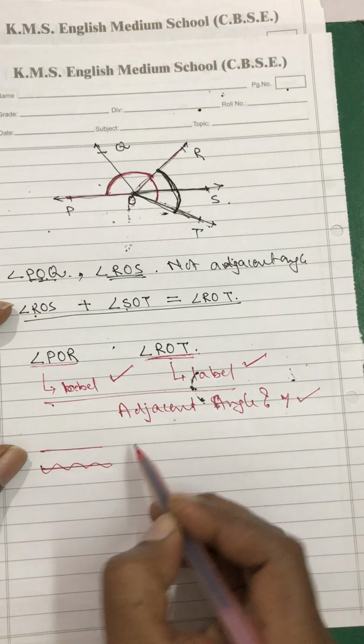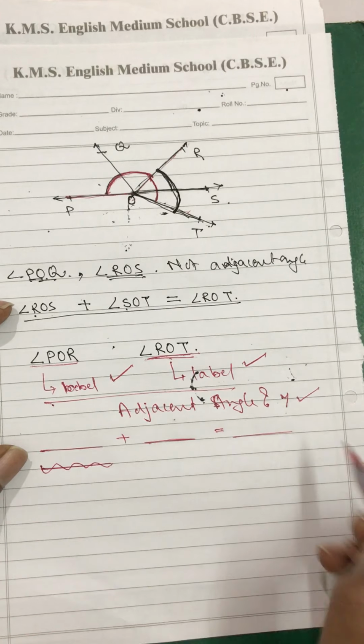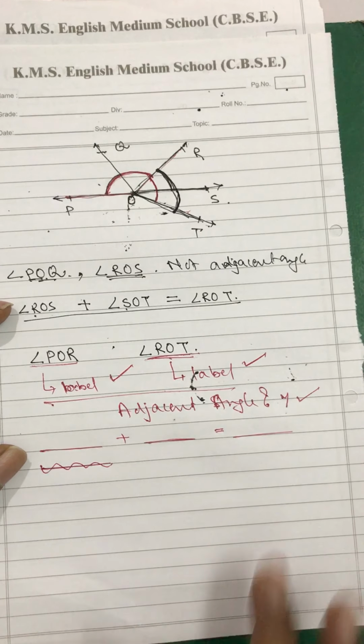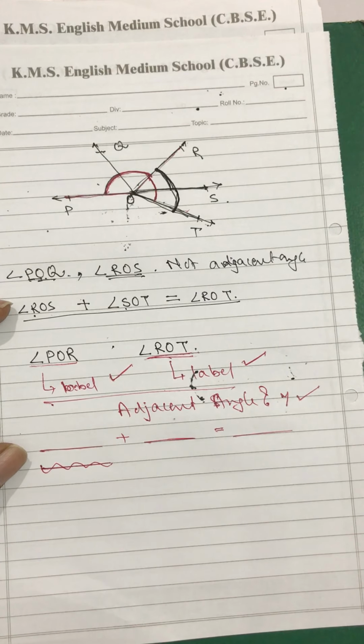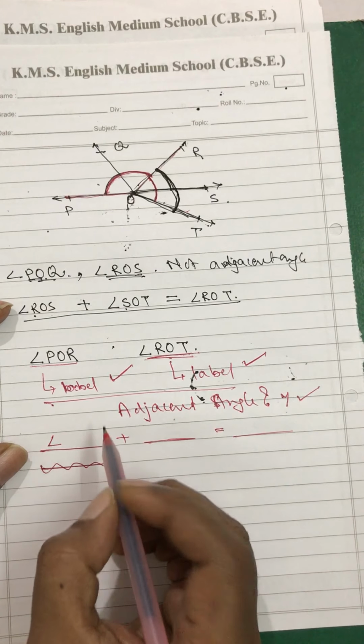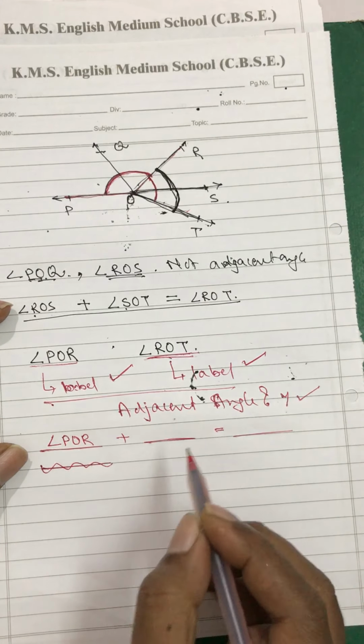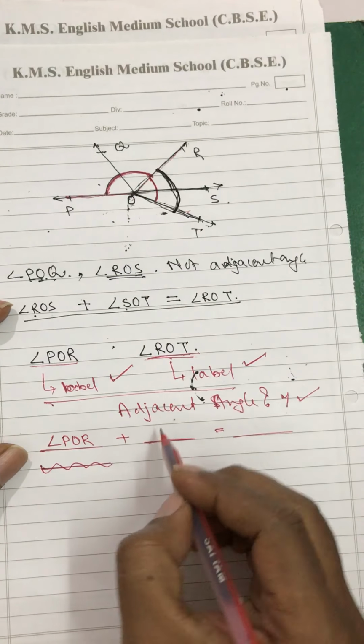Now frame it: some angle plus second angle will be equal to what angle? Pause this and write your answer over here. Okay, so what will be the equation now? Angle POR plus angle ROT.